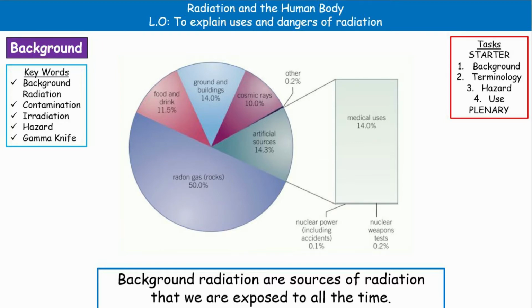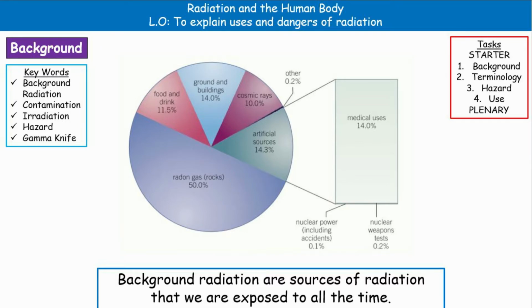Now, if we have a look at this, then half of that pie chart is actually designated to radon gas. Now, radon is a gas that's released by certain types of rocks, and we're exposed to this all the time in our everyday lives. That equates to about half of the background radiation.